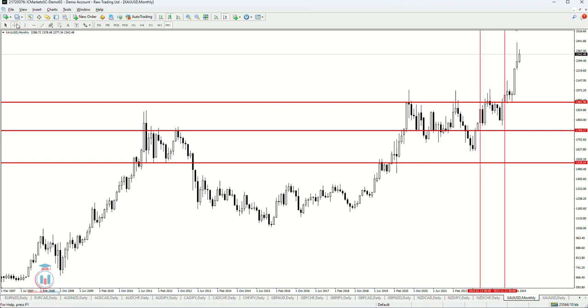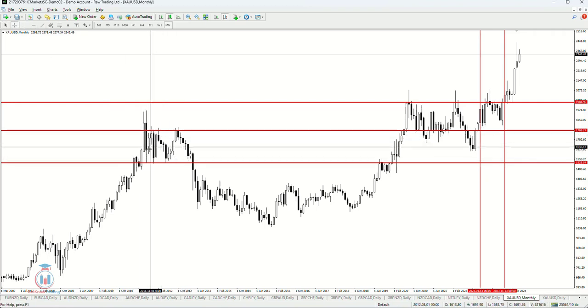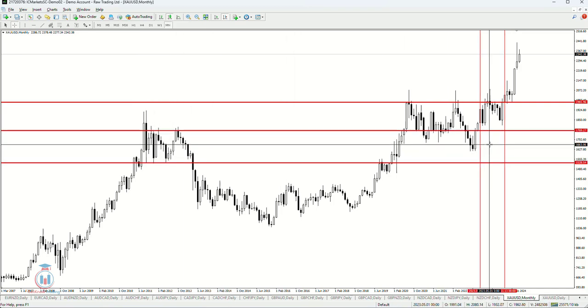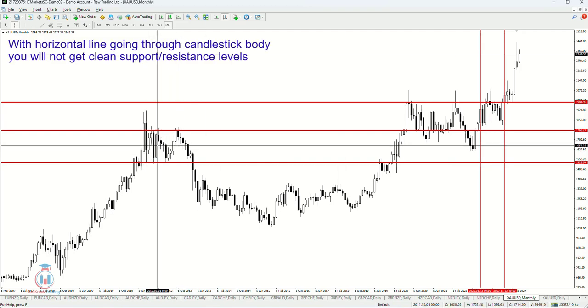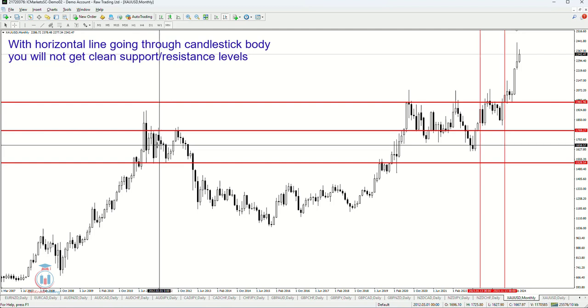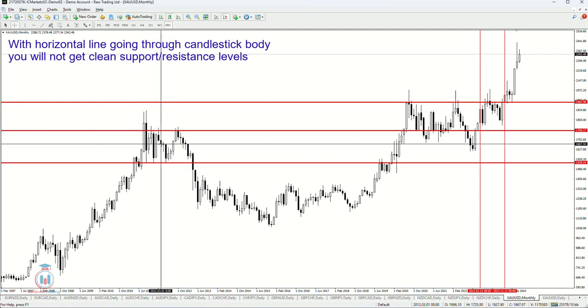It is best to leave a clean chart like it is, where the price is bouncing from these price levels. If we put some kind of horizontal line here, you can see that it will not help you define where the end of the price is when the price swings up and down, because it is right in between these candlesticks, which is not a good idea.